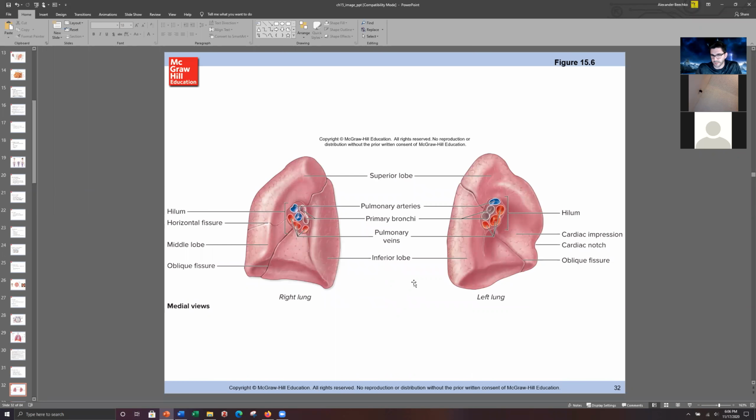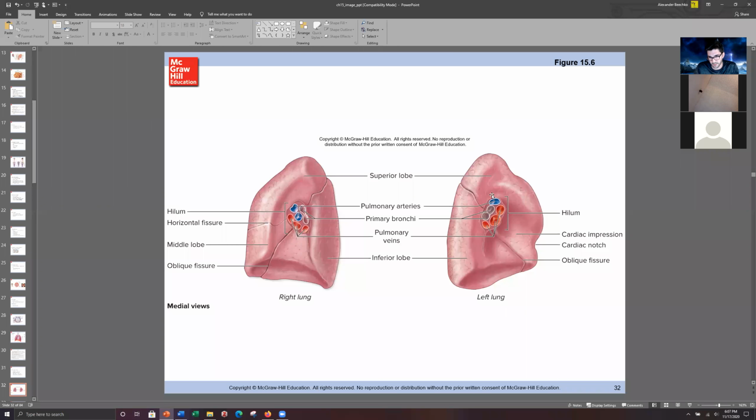So moving right along, we have our medial view of our lungs. Our right lung has 3 separate lobes: a superior, middle, and inferior lobe. Then the left lung only has 2, the superior and inferior lobes. All the vessels that we're seeing here, we can see our bronchi, but then we can see our pulmonary arteries, denoted in blue because they are deoxygenated.